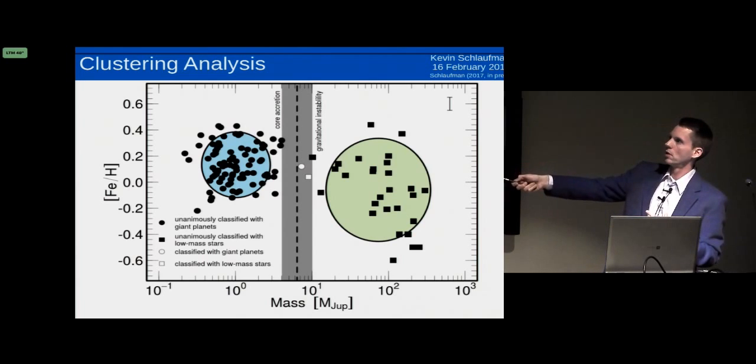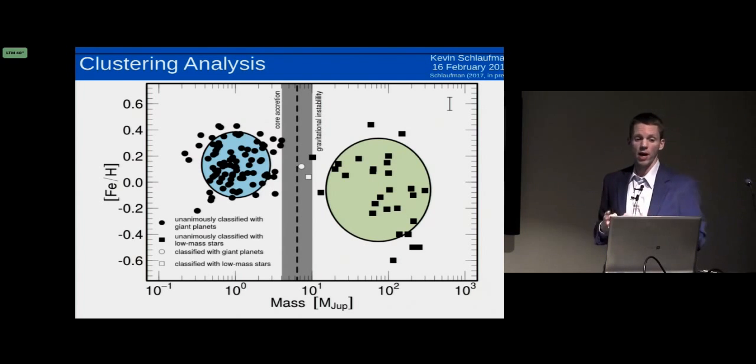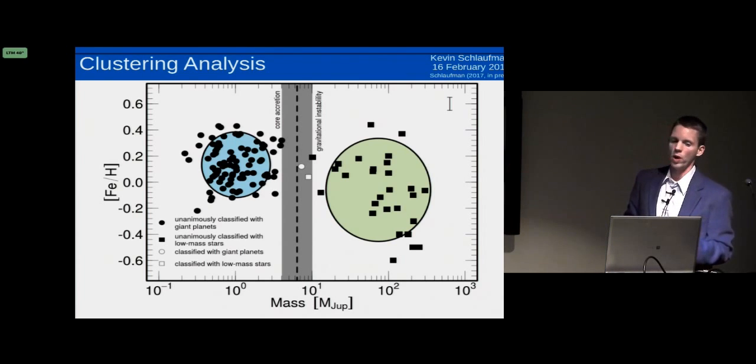The colored ellipses in the background are the Gaussian models that best describe this data set. And then in this no man's land, there are some objects where there's some disagreement between the different algorithms as to which way they should be classified.